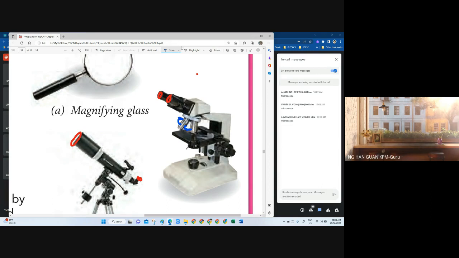Normally the design has three different objective lenses, because these three objective lenses have different powers. So when you adjust, actually the length is still fixed. Later on, when you go back to school, you can have a look. These three are on the same part, and the lens is located at the lower part here.